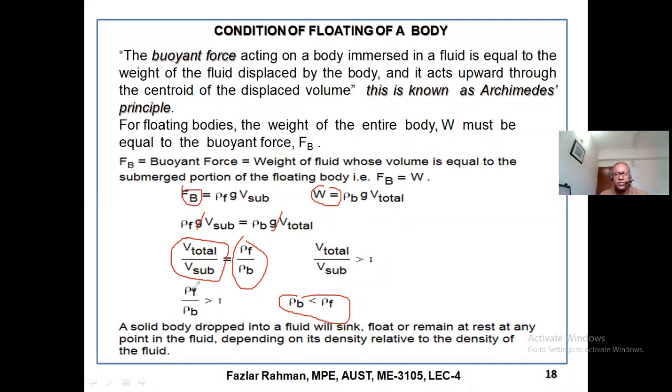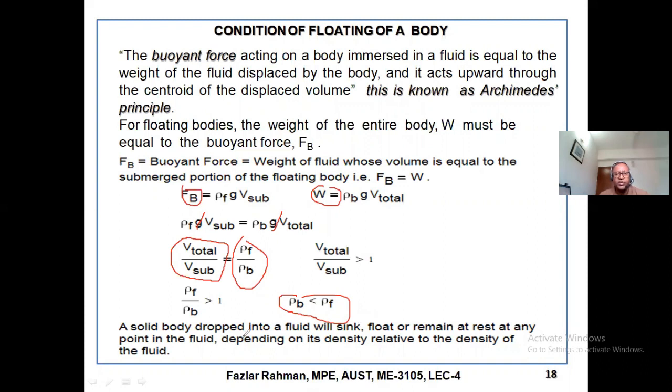So from here, what you see is that the density of the body is less than the density of the fluid. That means if the density of the body is less than the density of the fluid, then it remains in a static, floating condition on a fluid or water.